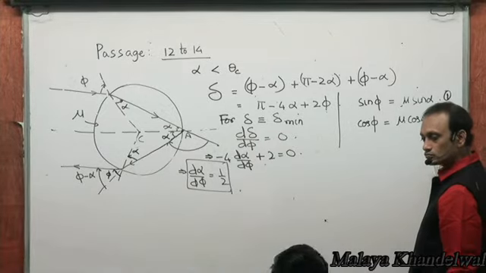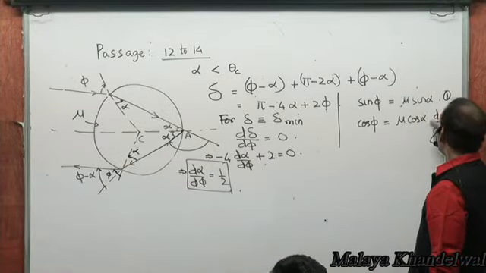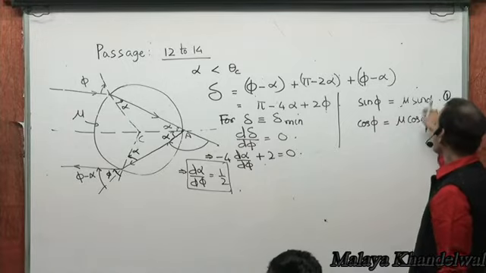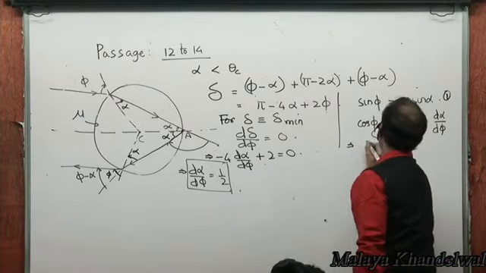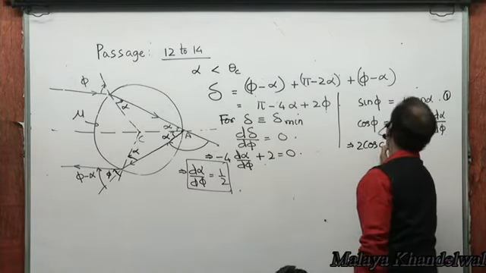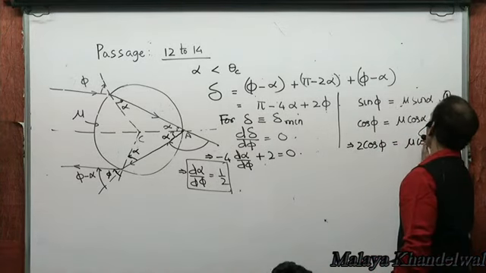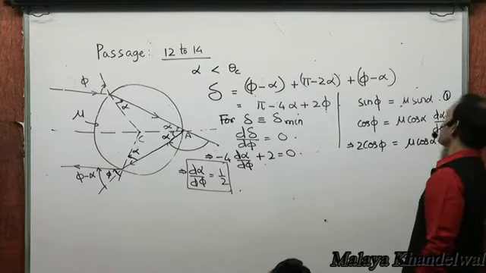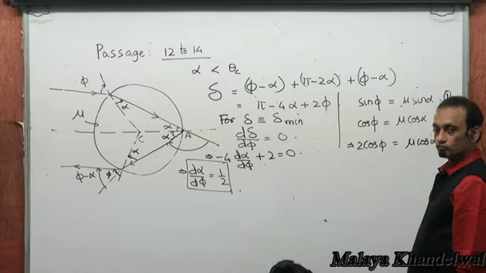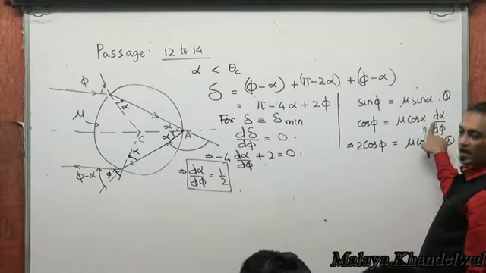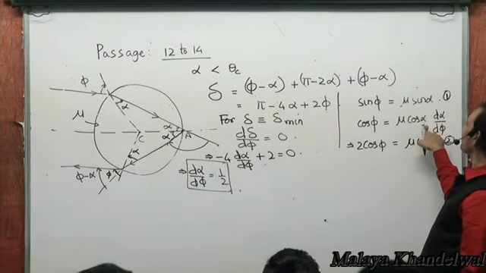Yes or no? But d alpha by d phi is half. So this gives me 2 cos phi is mu cos alpha. Right? Since d alpha by d phi is half, I get 2 cos phi is mu cos alpha.